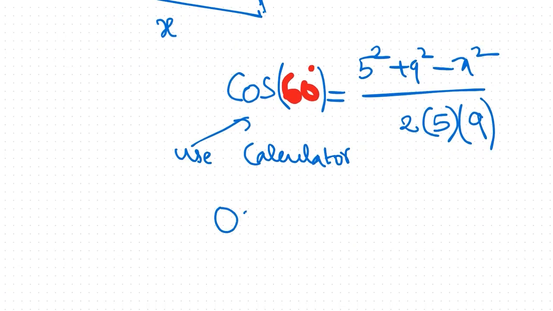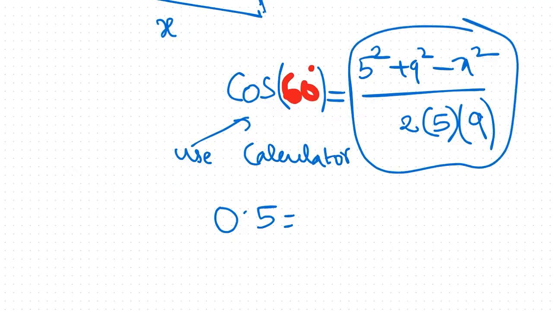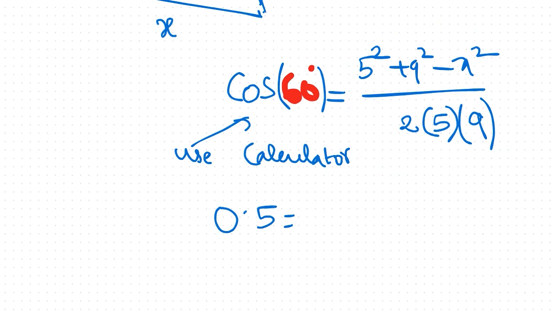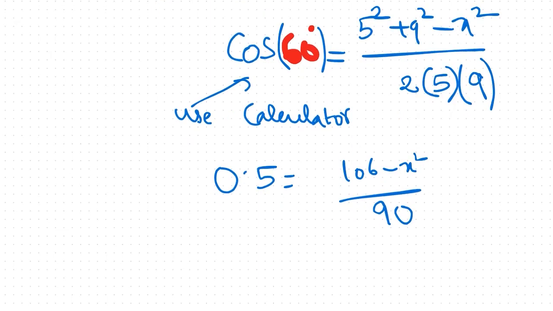So 0.5 is equal to 106 minus x squared over 90.